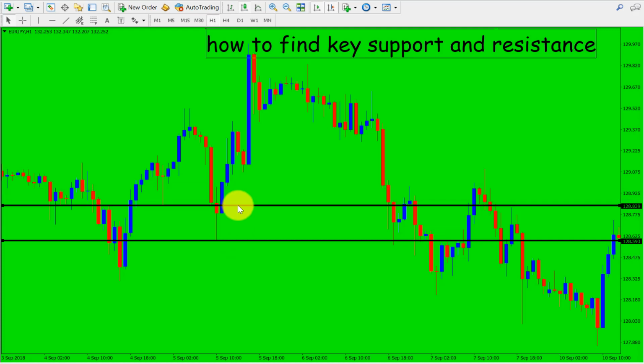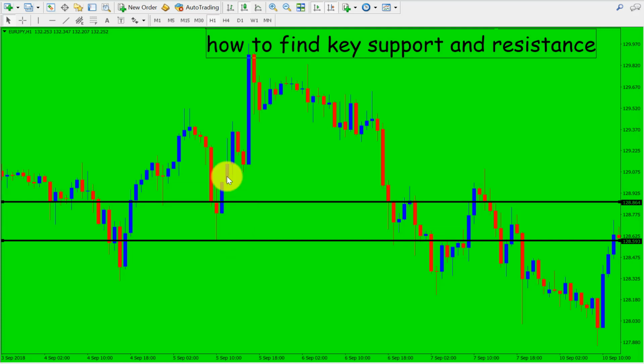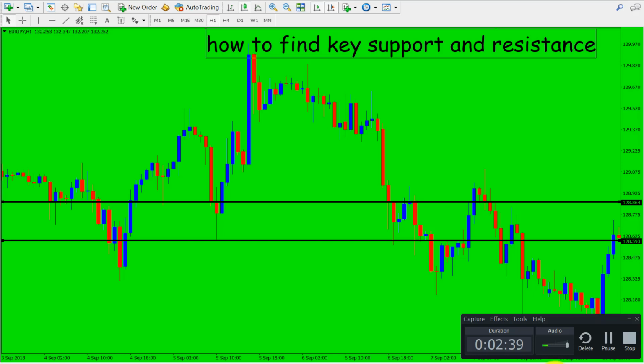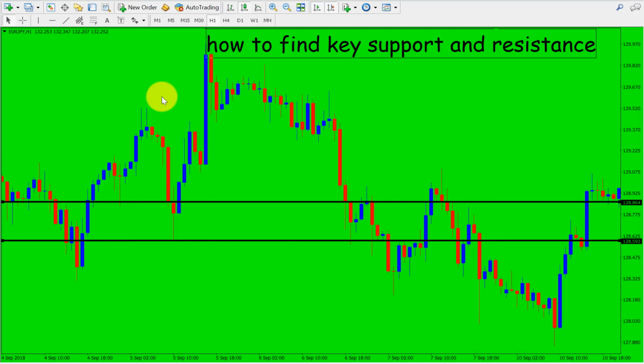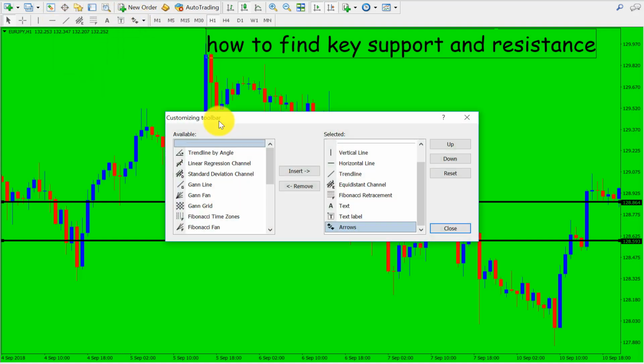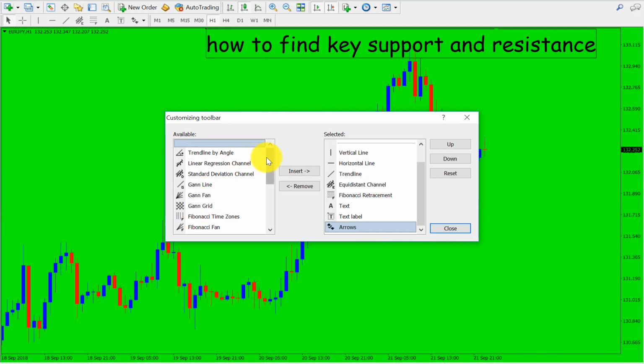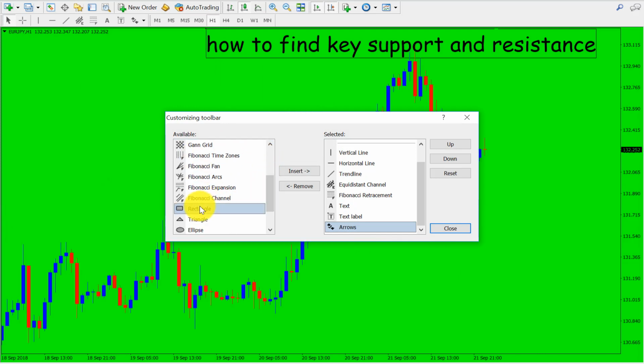this area, if we mark this area like this way, first to customize, let me insert a rectangle first.